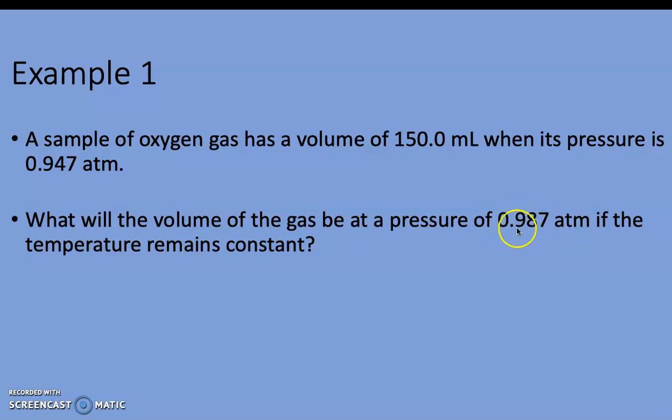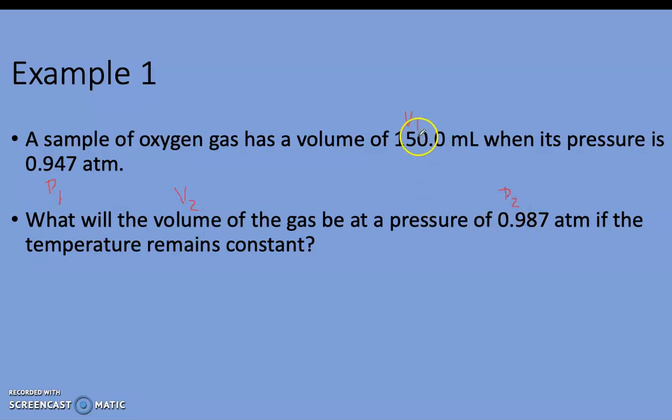So here's the second pressure, P2. But what we're solving for is V2. This is our V1 initial, here's our P1, and here's our P2.